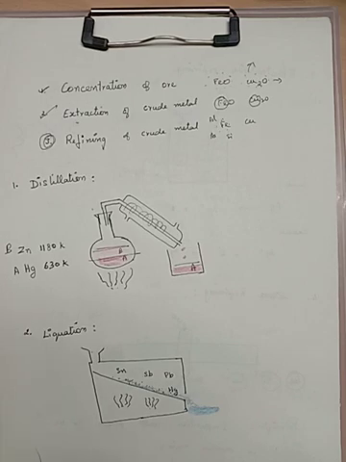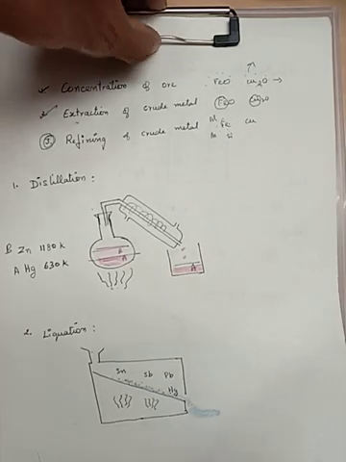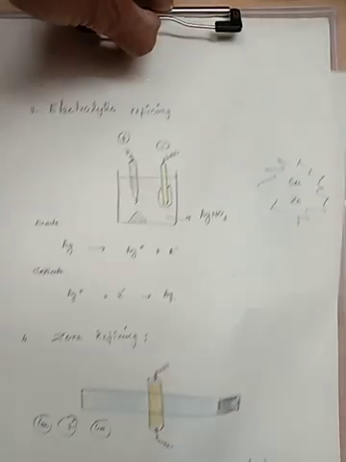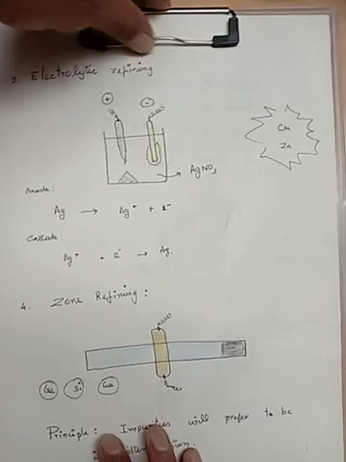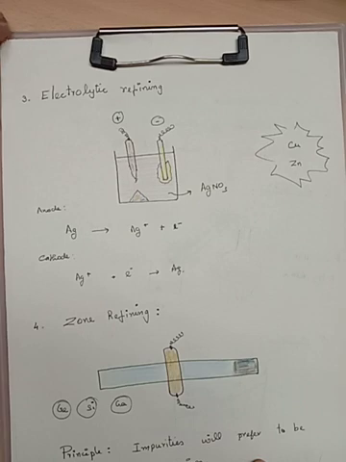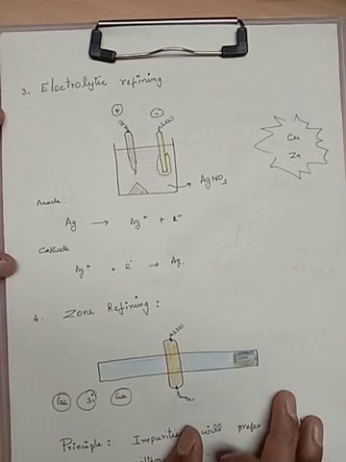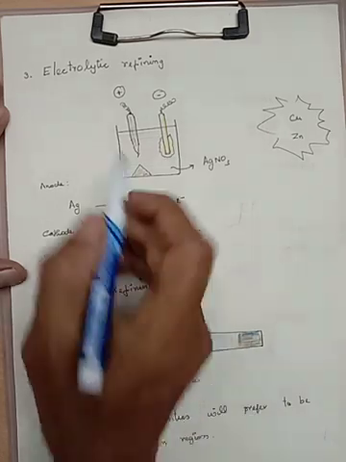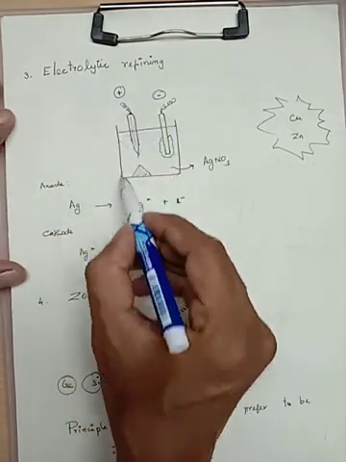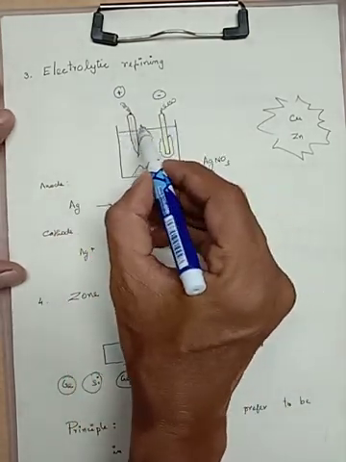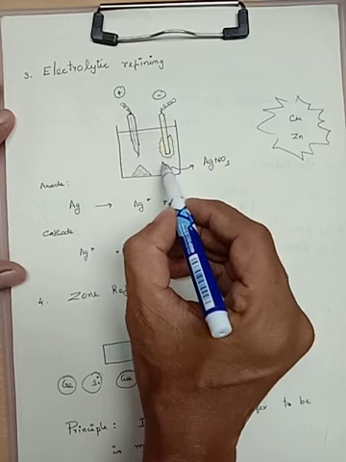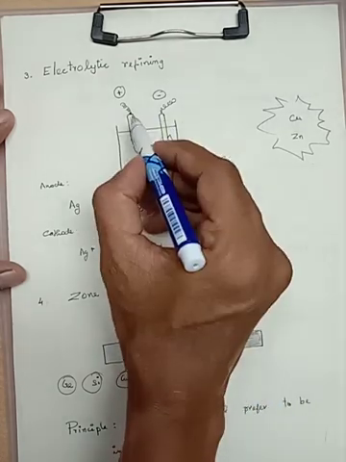You can go through the book after seeing the video, or simultaneously, and you will be able to understand. The next one is electrolytic refining. You will always come across this. Electrolytic refining means this is an electrolytic cell. These are called electrodes and this is called the electrolyte.